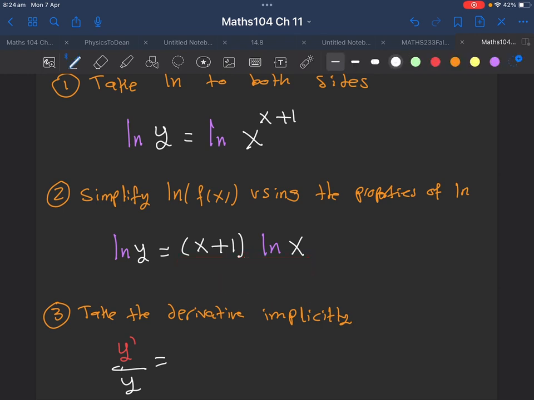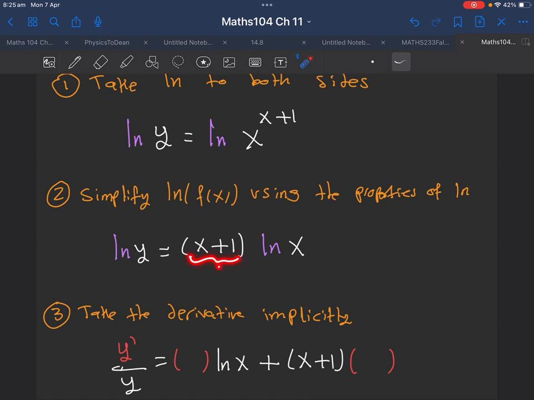It says the derivative of the first times the second plus the first times the derivative of the second. Now, question, what is the derivative of x plus 1? It's just 1. So all you need to do is write 1. Now, what's the derivative of ln x? Just write 1 over x.